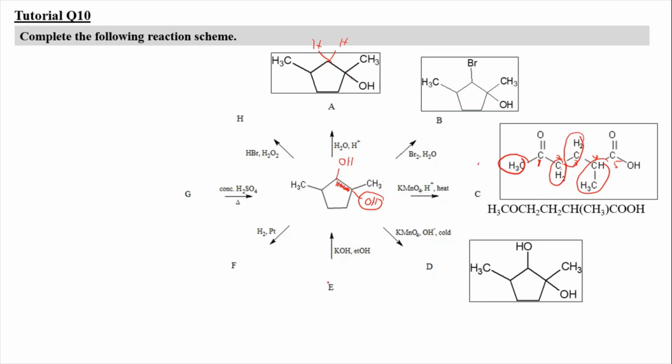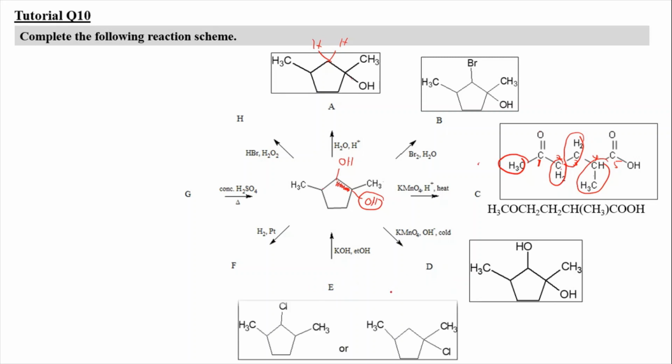And now for E, it is a hydrohalogenation process. The reaction basically removes one hydrogen and one halogen, for example, Cl. In order to produce the product here, our reactant needs to have one halogen and one hydrogen.